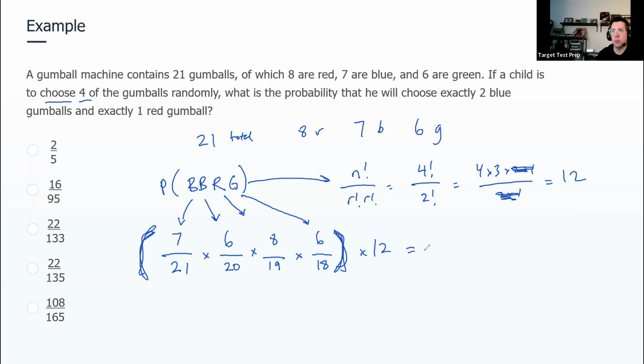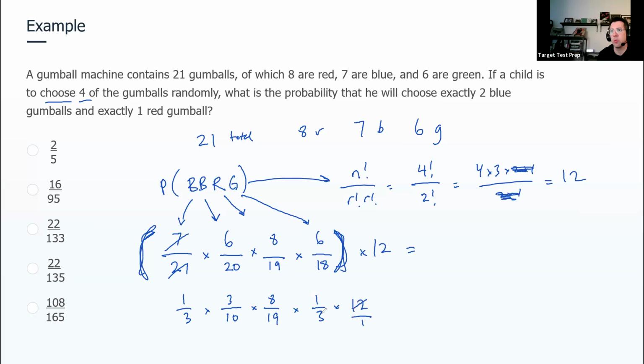And so if we just multiply this now, let's see, we would cancel out. So 7 over 21 is 1/3. 6 over 20 is 3/10. Can't really reduce the 19. This is 1/3, and then this is times 12 over 1. So then I would do what else?